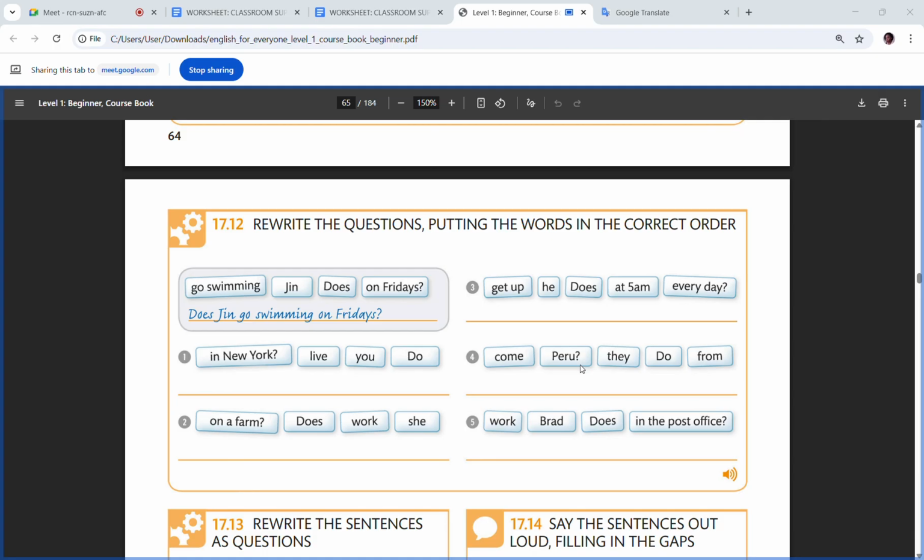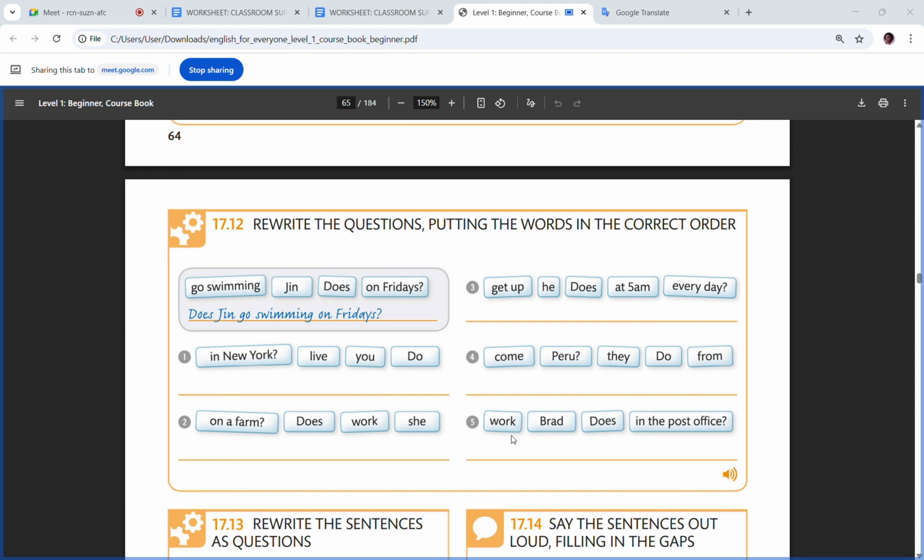Peru is the country. Yes. Peru is a country in Latin America. It's in South America. You know South America. So you get North America, South America is I think where Peru is. I think it's very dangerous. Yeah.